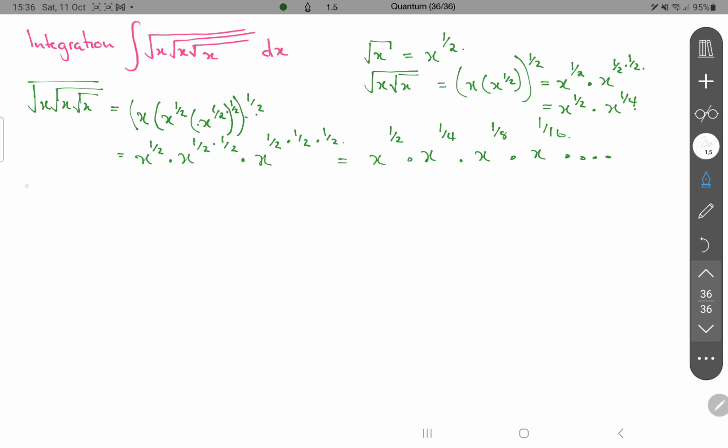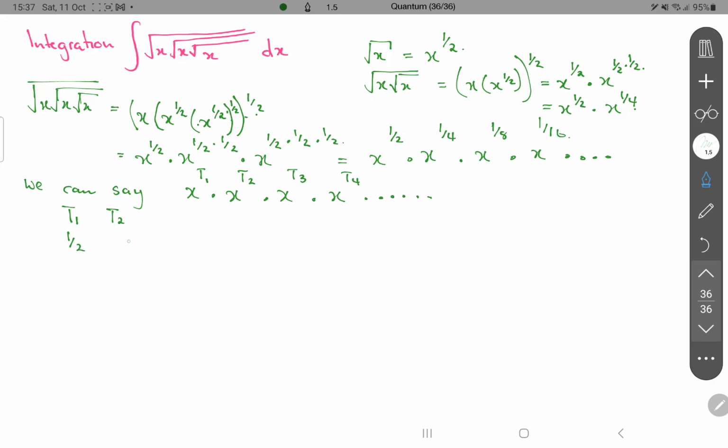But now, we can say that x to the power t1 multiplied by x to the power t2 multiplied by x to the power t3 multiplied by x to the power t4, on and on. Then our t1 is a half.